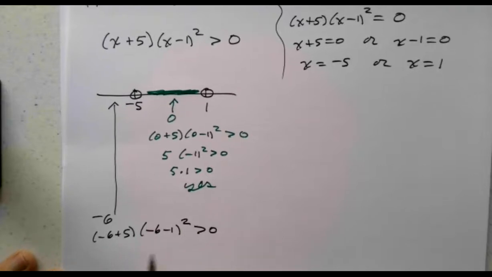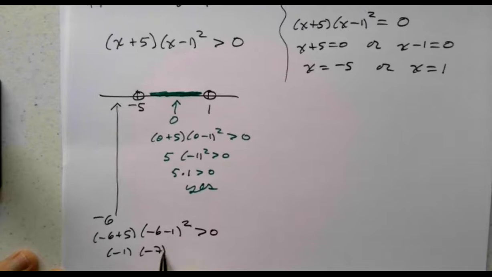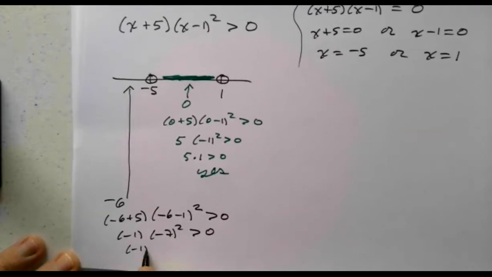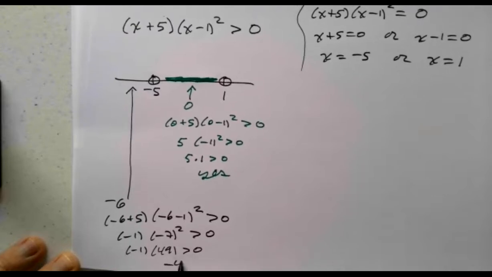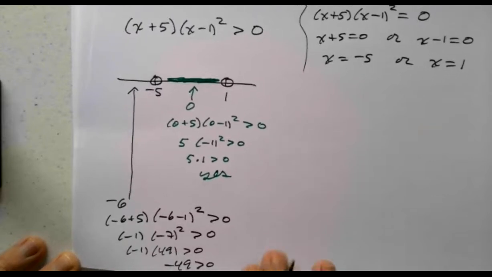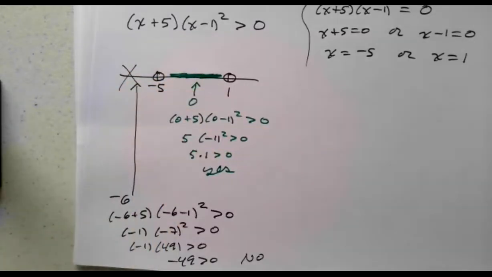Is that bigger than 0? −6 plus 5 is −1. −6 minus 1 is −7, squared. Is −1 times positive 49 bigger than 0? Is −49 bigger than 0? That's no. So I'm not going to shade that direction.